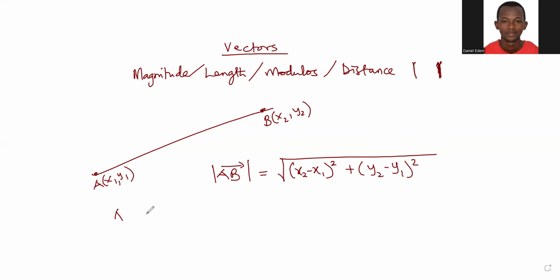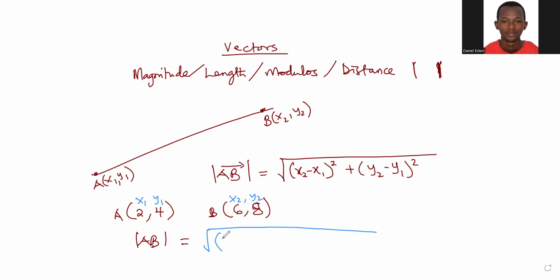If you are given A to be 2, 4 and B to be 6, 8, and you have to find the distance of AB, consider these as x1, y1, x2, y2 and substitute into the formula: 6 minus 2 squared plus 8 minus 4 all squared.